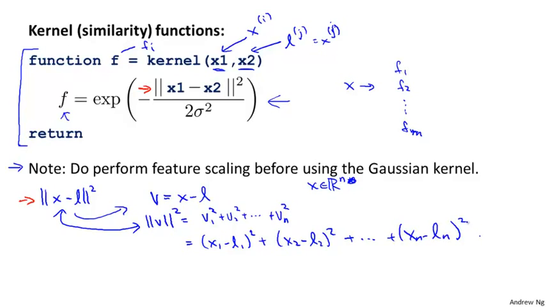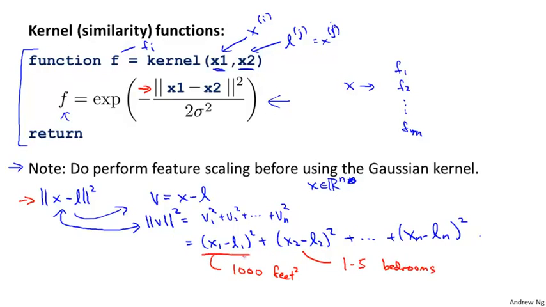And now if your features take on very different ranges of values, so take our housing prediction example, if your data is some data about houses, and if x1 is in the range of thousands of square feet, but if your second feature x2 is the number of bedrooms, in the range of 1 to 5 bedrooms, then x1 minus L1 is going to be huge.